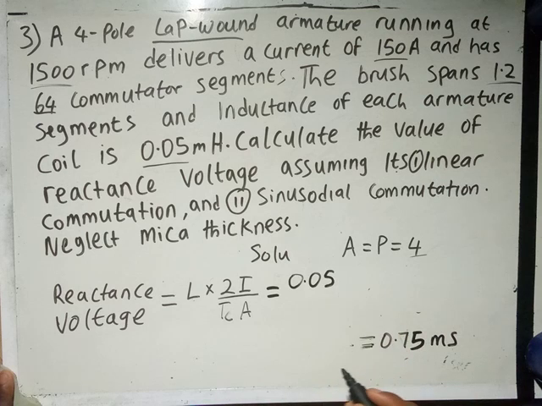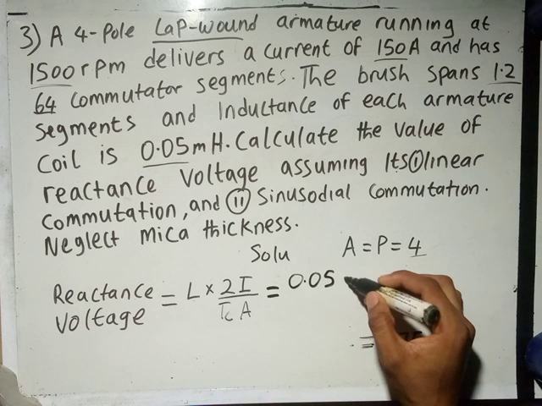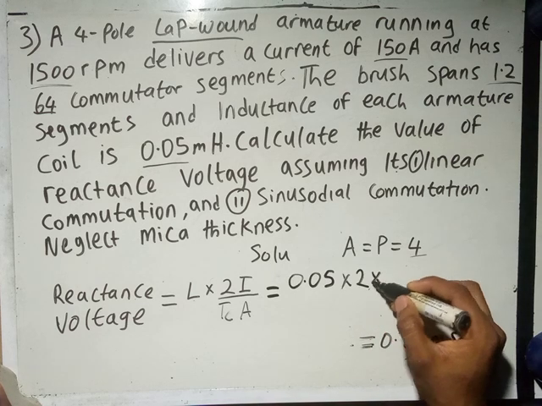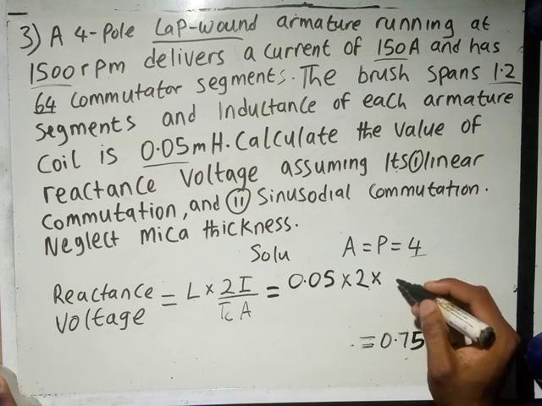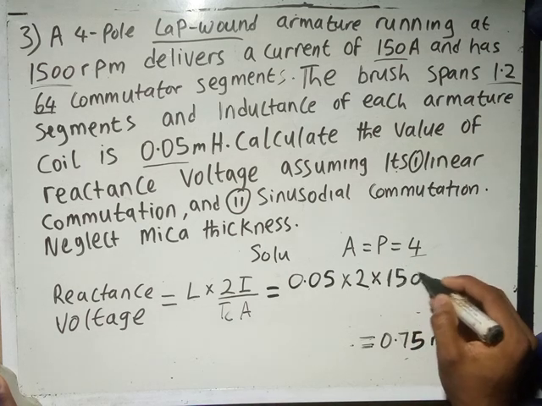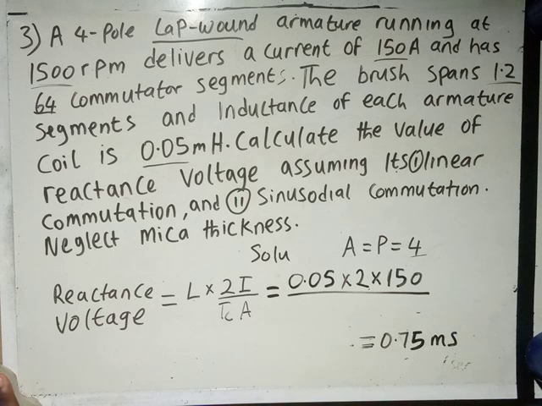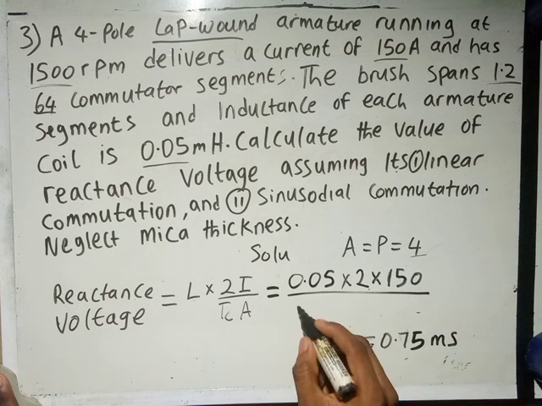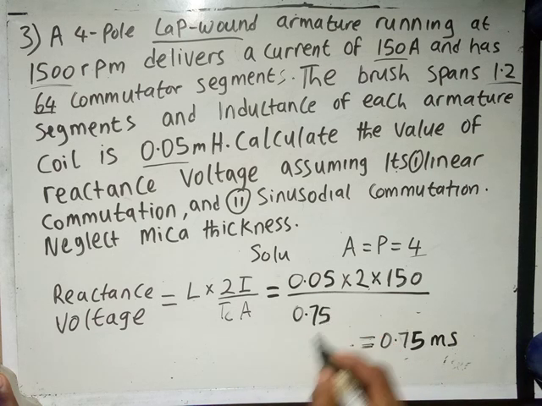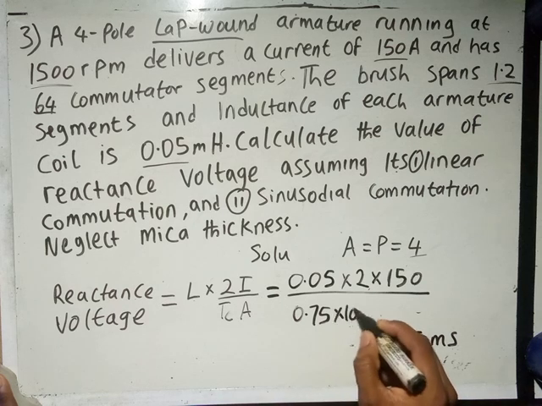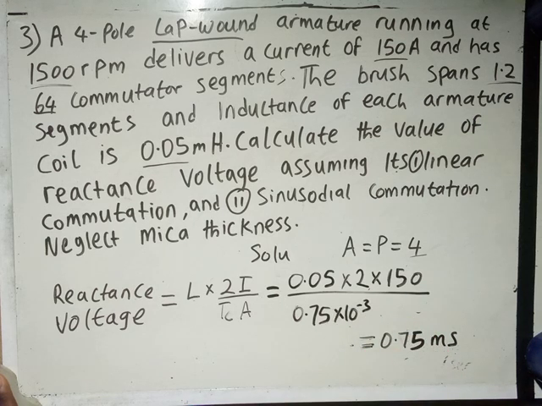0.05, times 2, and our I is 150, over TC being 0.75 times 10 raised to power minus 3, times our A, which is 4.